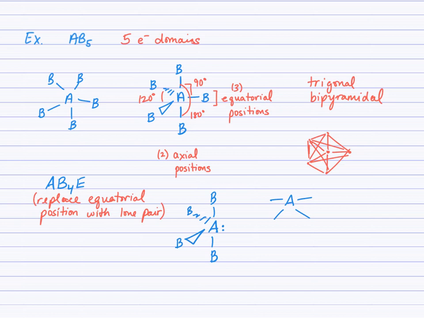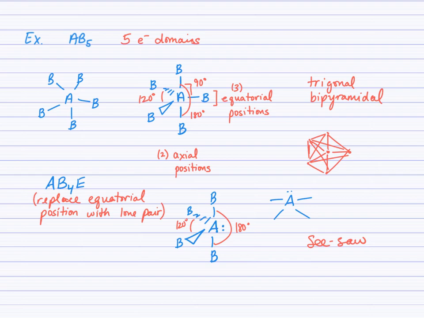If you were to push this back and forth, it would rock. It's a little bit hard to see the dimensions there, but it sets up the shape seesaw. So we still see the 120 here and the 180 between the axial positions.